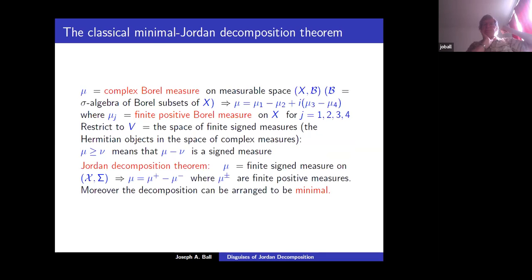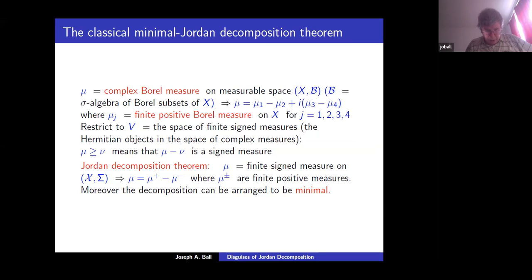Page 9. Now we get to the classical Jordan decomposition theorem. Mu is a complex Borel measure on the Borel sigma algebra, X is a topological space.